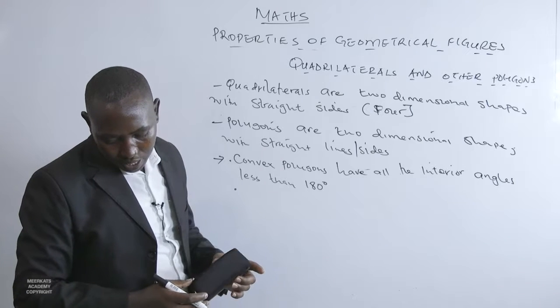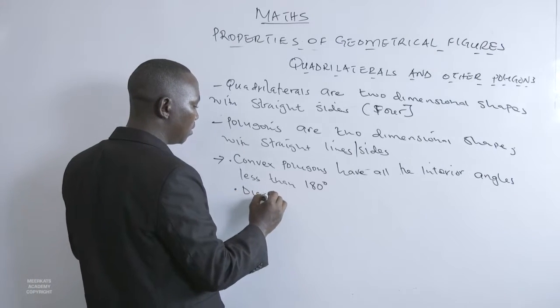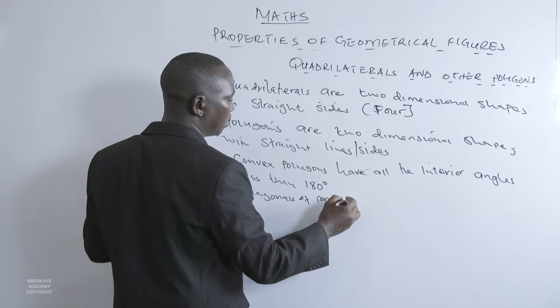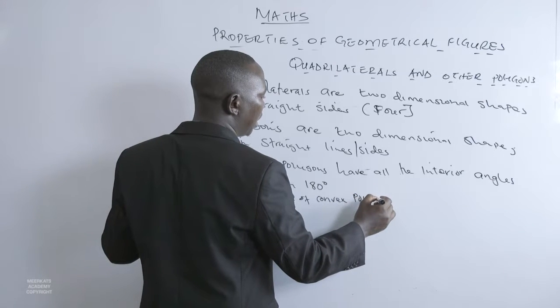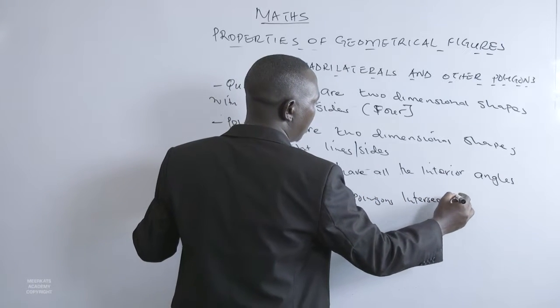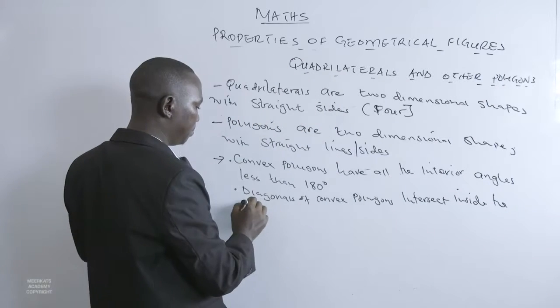So we are saying that diagonals of convex polygons intersect inside the polygon.